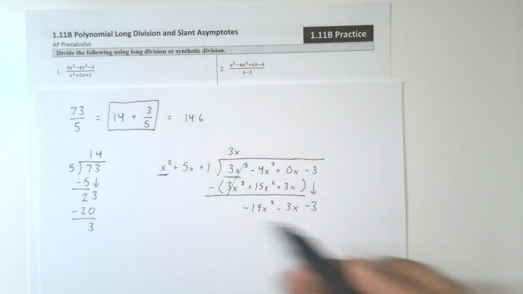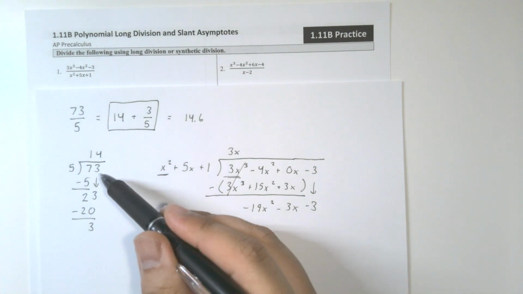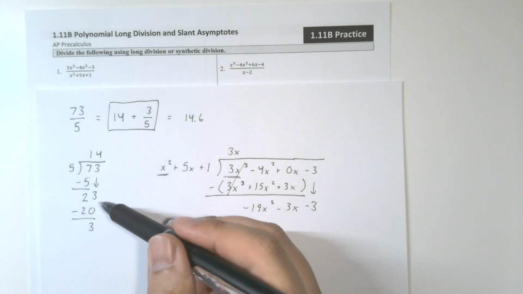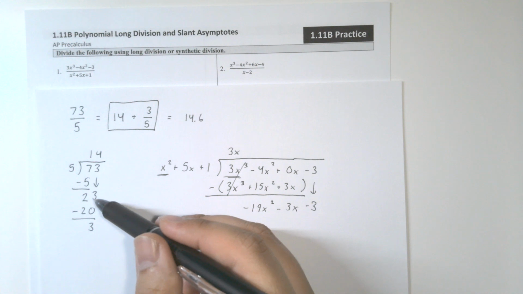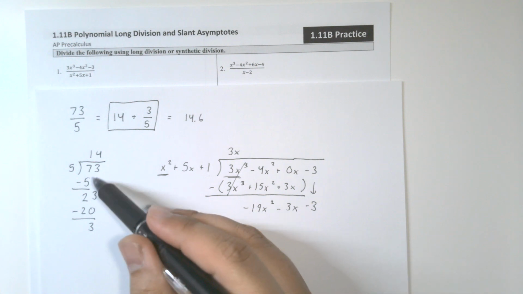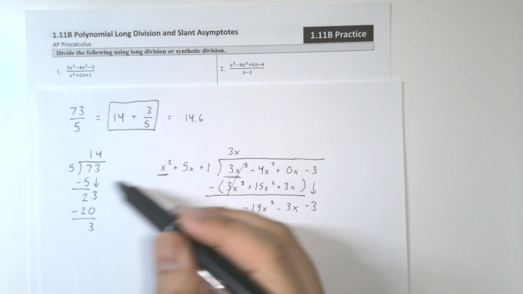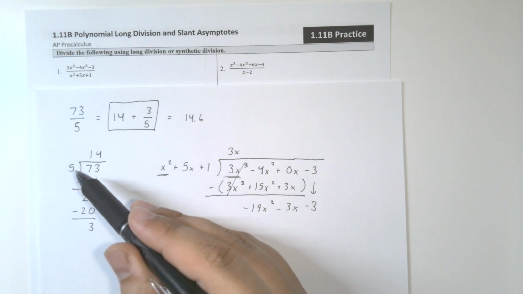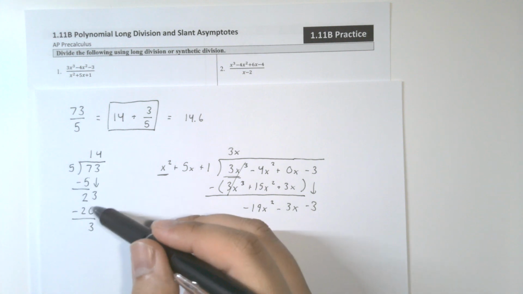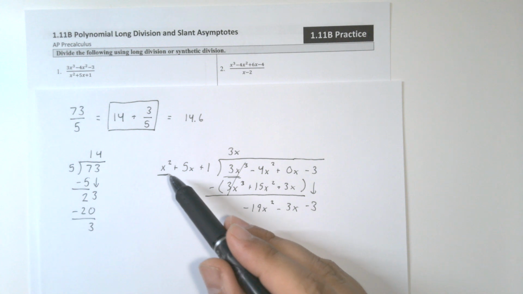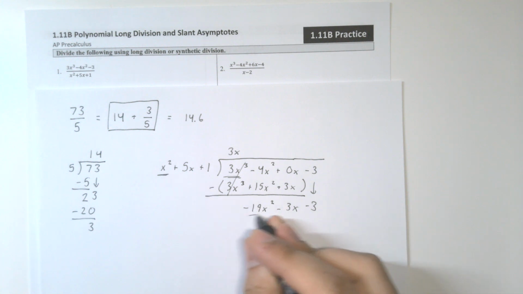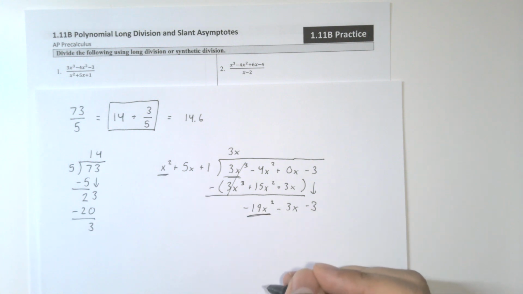So just like how we did over here with our regular long division, we're effectively at this step with the 23. And what we have to do again is we repeat our process. We ask ourselves, just like how we did over here, how many times does 5 go into 23? Now we're going to ask ourselves, how many times does x squared go into negative 19x squared?